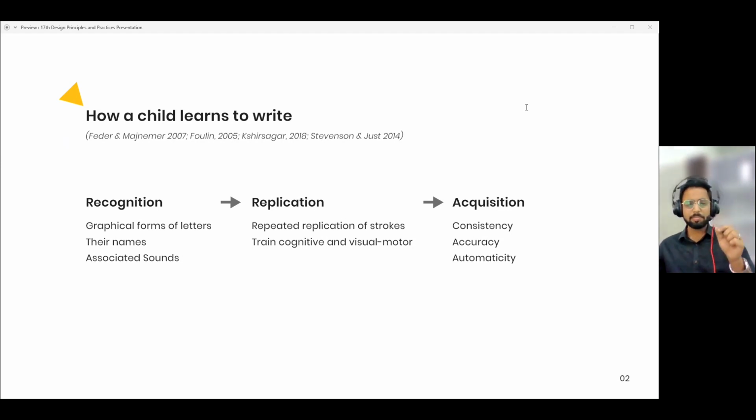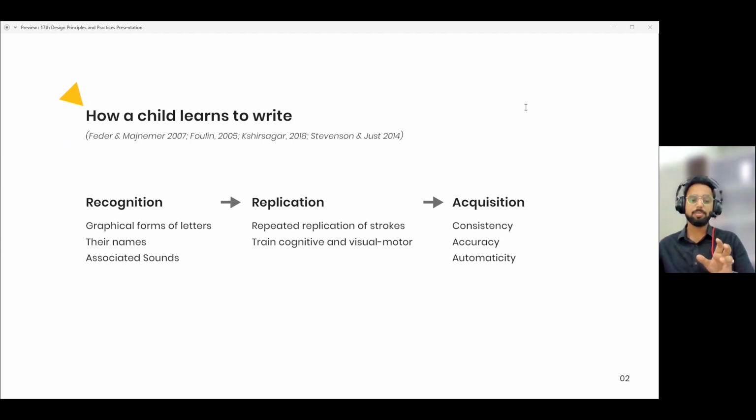So such repeated replication leads to a consistency, accuracy, and a certain level of automaticity in writing, which is called handwriting acquisition.